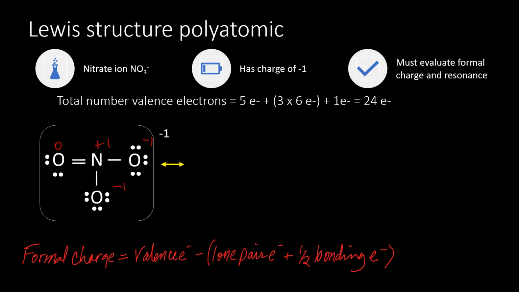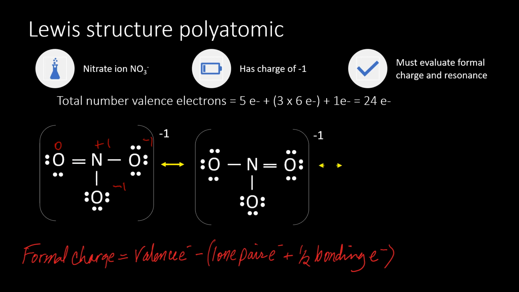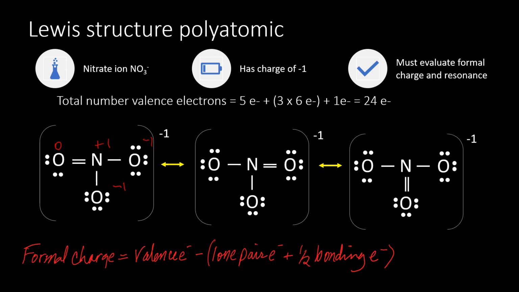Double arrows indicate the presence of another resonance structure, and all we have to do is move this double bond to different locations for each resonance structure. In this case, we have the potential to move the double bond 2 times, giving us a total of 3 resonance structures.